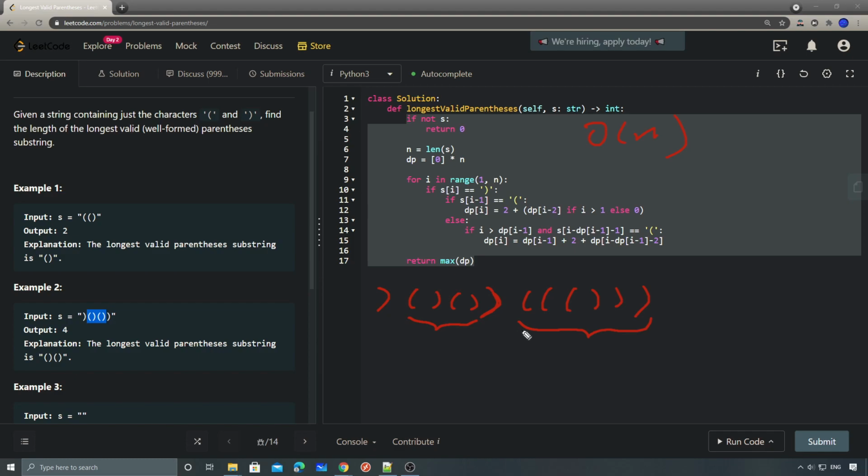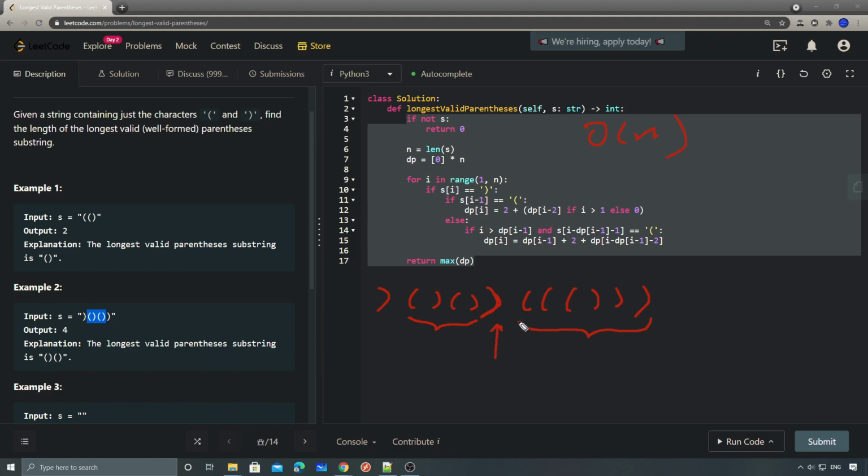We need to find a way to know the starting point of each of the valid parenthesis strings here. That's why we can use a stack to keep track of the starting point of each of the valid parentheses.